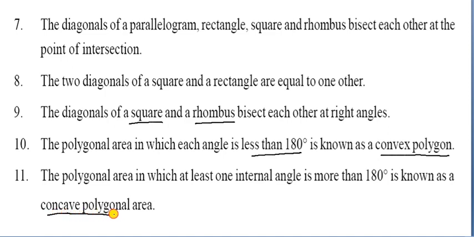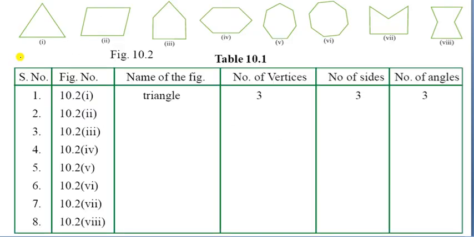Always remember, if an internal angle is more than 180 degrees, it is a concave polygon, and when the internal angles are less than 180 degrees, that one is a convex polygon. So that is the difference between convex and concave polygons.